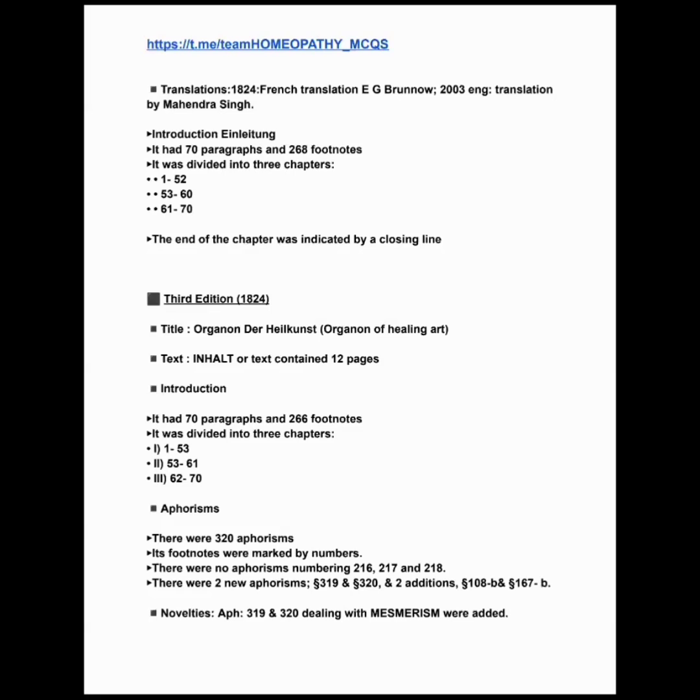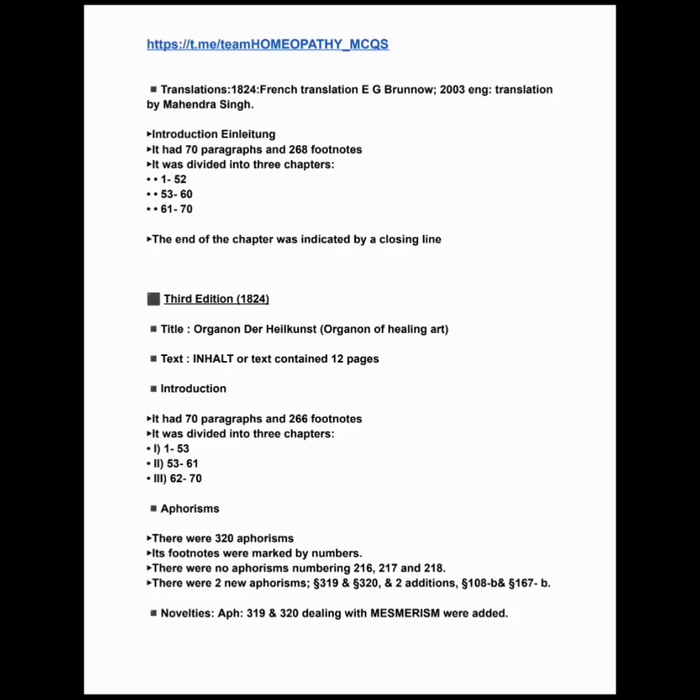In 1824, French translation by Dr. A. G. Bernau. In 2003, English translation by Dr. Mahendra Singh. Introduction: it had 70 paragraphs and 268 footnotes. It was divided into 3 chapters.